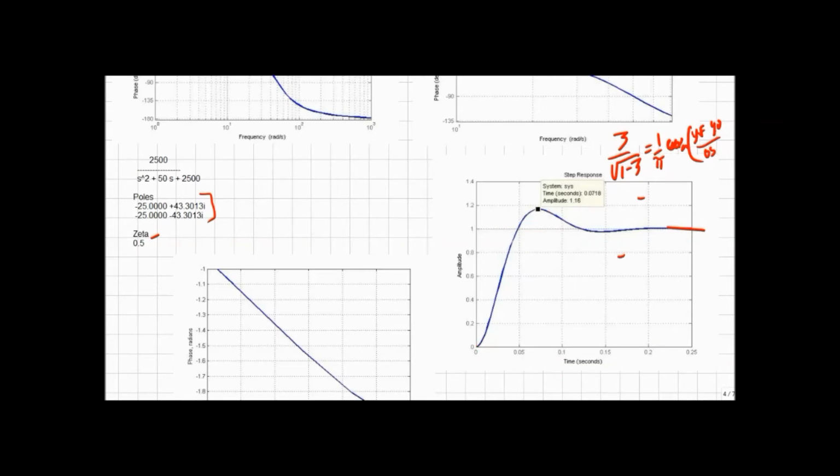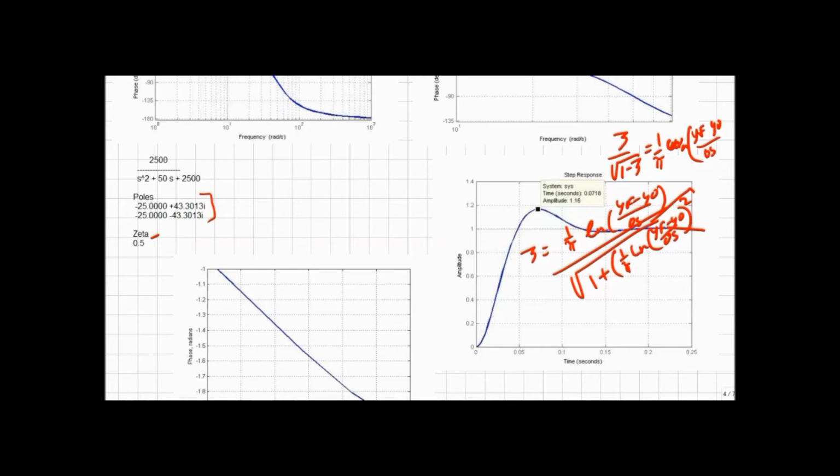And so if I take this equation and solve that, I get zeta equals 1 over pi times the log of yf minus y0 over overshoot, divided by the square root of 1 plus 1 over pi log of the yf minus y0 over overshoot, squared. It's messy, but it works out.